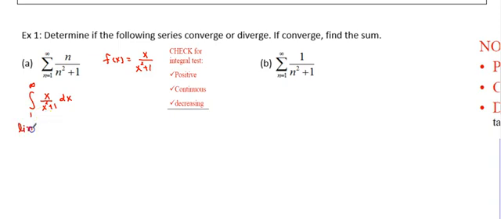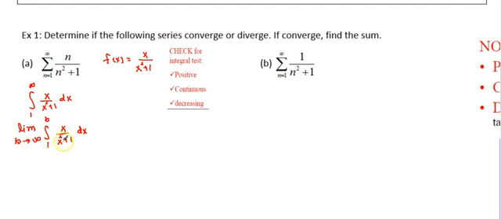This is an improper integral. We don't have to prove continuous, positive, decreasing, you just have to check. To evaluate, we have to change it to a proper integral. If you recall, limit as b approaches infinity of the integral from 1 to b of x over x squared plus 1. Good news is, most of the time evaluating the integral is the very easy part.